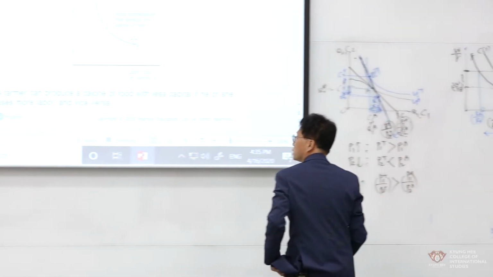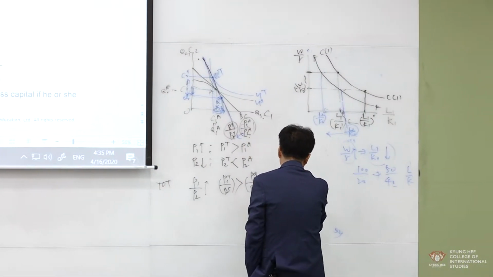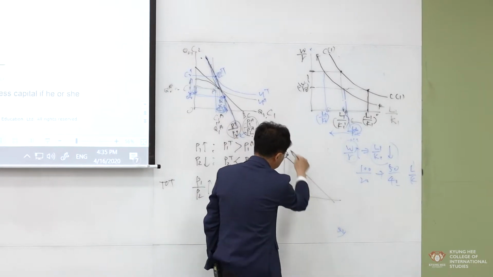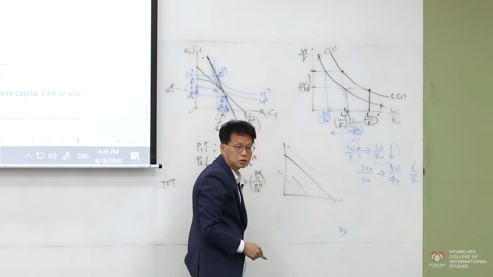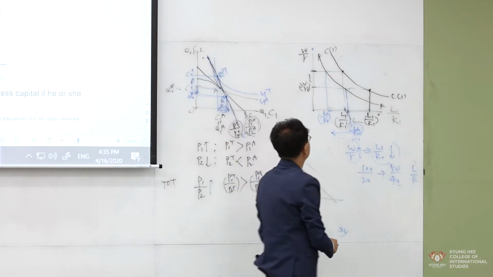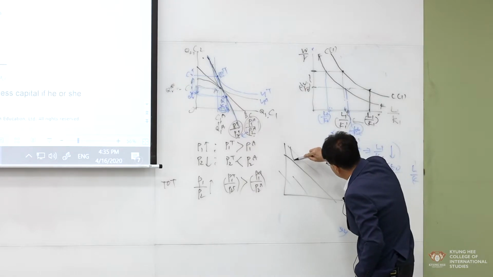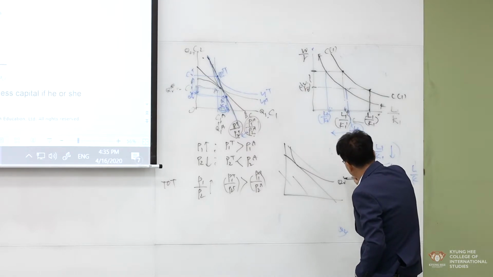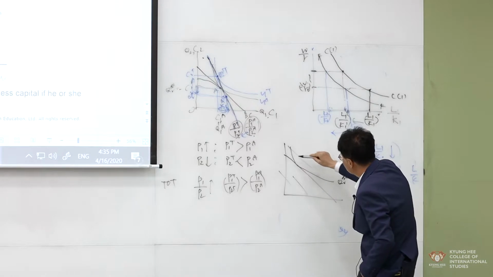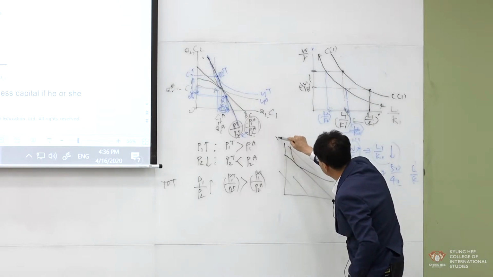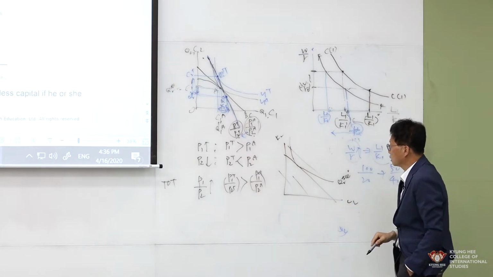In cost minimization, for example in Q2 production, that is the iso-cost line, and that is Q2 star. There are lots of ways to produce Q2 using L2 and K2 like this.